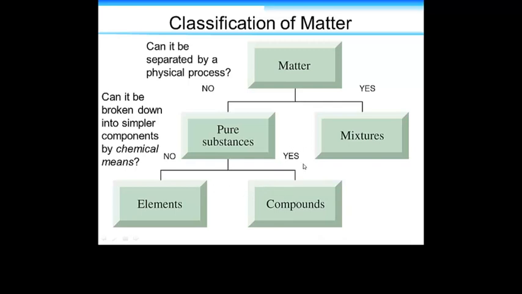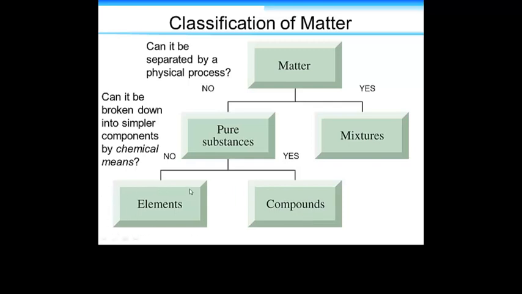For example, sodium chloride is a compound. It cannot be separated by any physical means. That's why we're down this portion of the tree. But you can separate sodium chloride using chemical means into the individual elements.